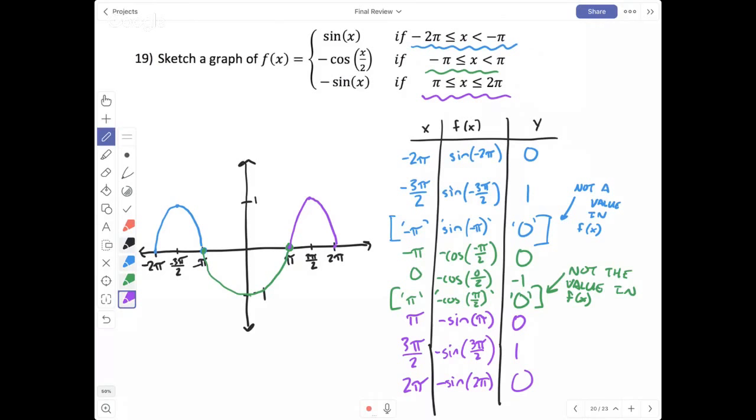Any questions on that third to last problem? Again, it says number 19 on my paper, and I realize that it doesn't say number 19 on your paper.